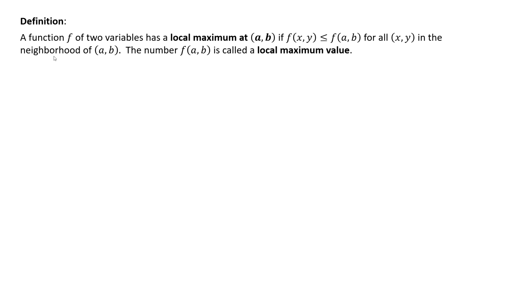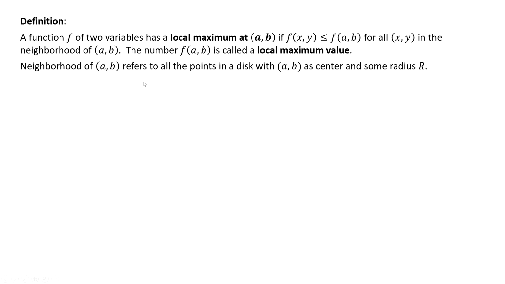But in Cal 3, when we say a neighborhood of (a, b), that's what we say. And that number f of (a, b) is called a local maximum value because in that neighborhood, that has the biggest z value.